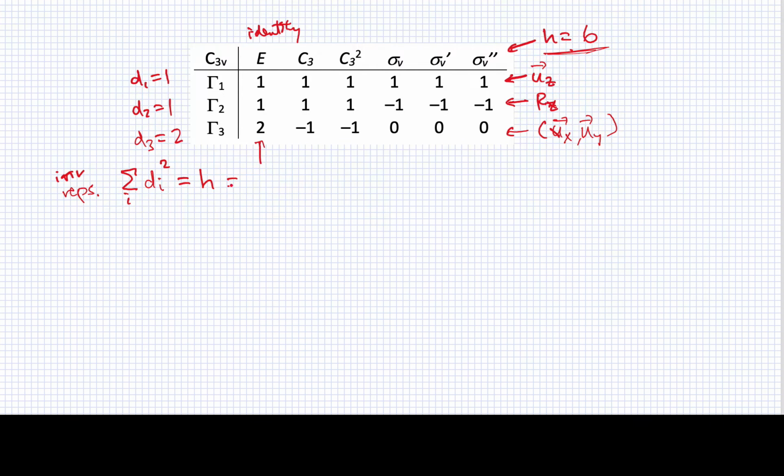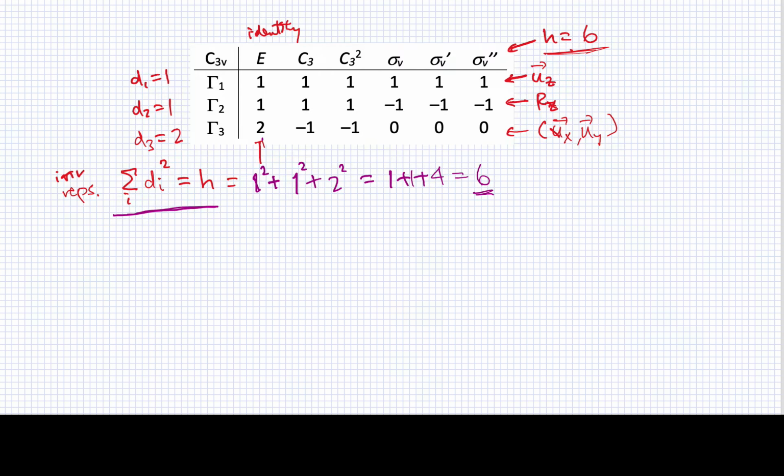Well, what we have for this particular point group in this particular character table is 2 irreducible representations that have dimension 1, and one that has dimension 2. So I'm squaring all of these, and indeed 1 plus 1 plus 4 is equal to 6 as advertised. This will always be true for these point groups, and it's something that you can check in these character tables.